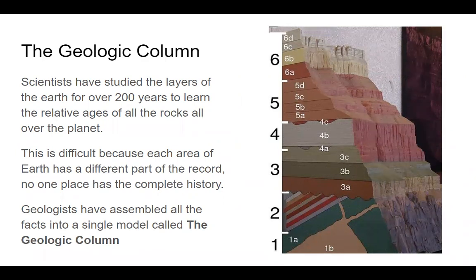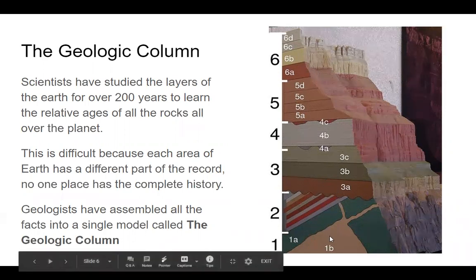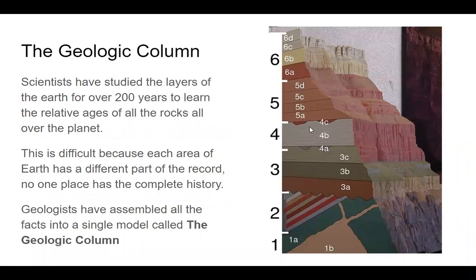We have an image here that is not the geologic column, but this gives you an idea. Once again, we have these different layers, and they're all labeled. 1A, 1B. The 2s are over here. 3, 4, 5, and 6.